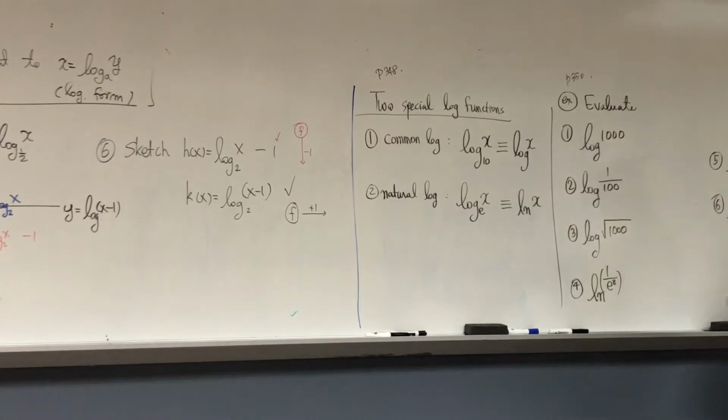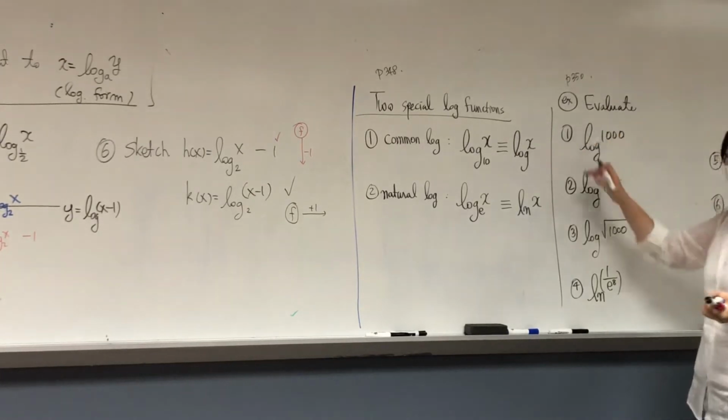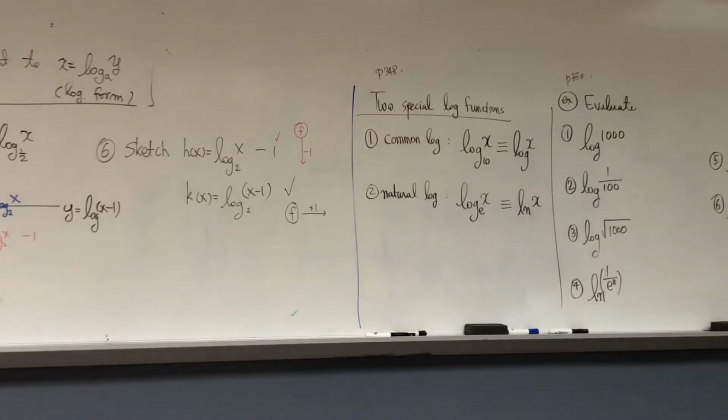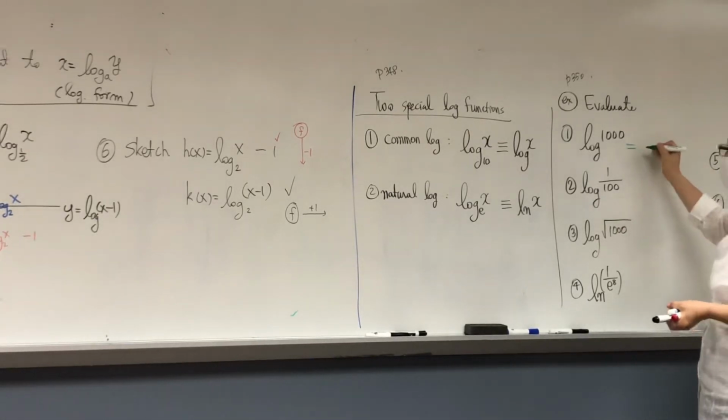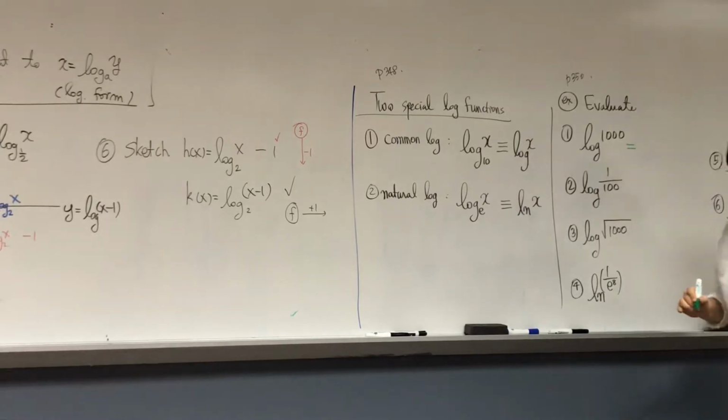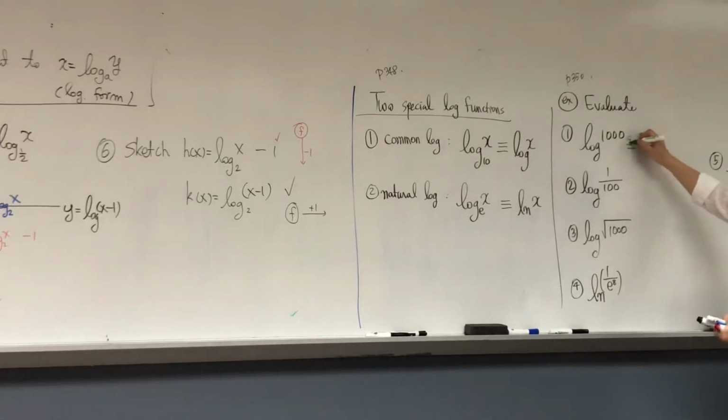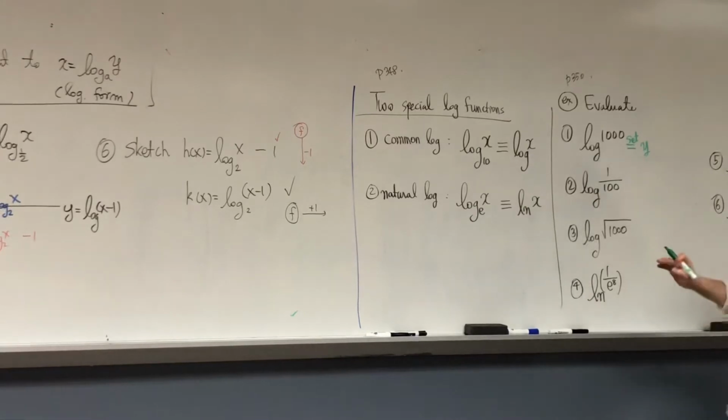What's the base? 10. Good. So this answer will be a value, not including x because there's no x there, right? So how do you figure this out? First job is to set it as y. Let's say y or x, it doesn't matter, it's a dummy name.